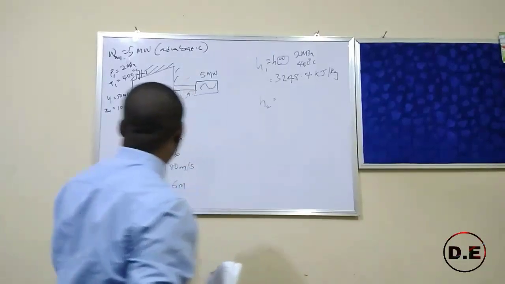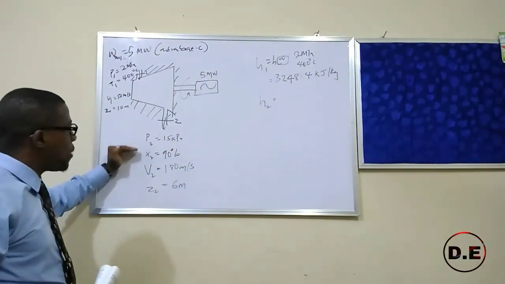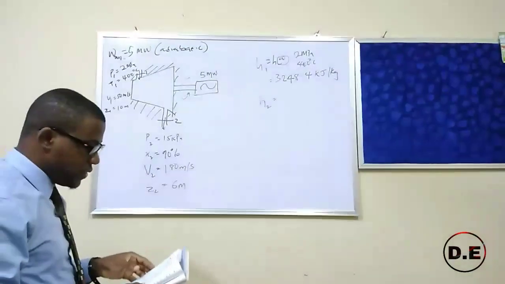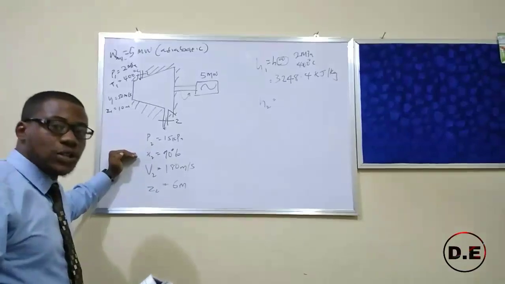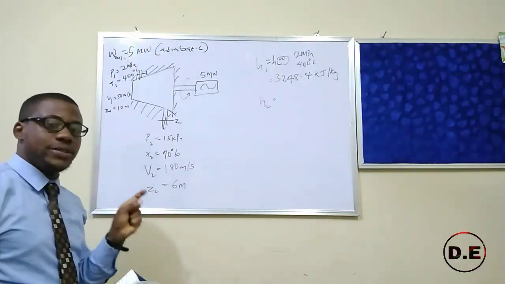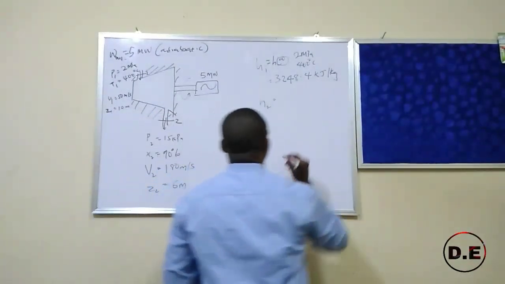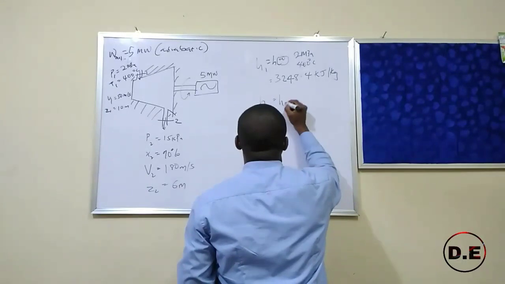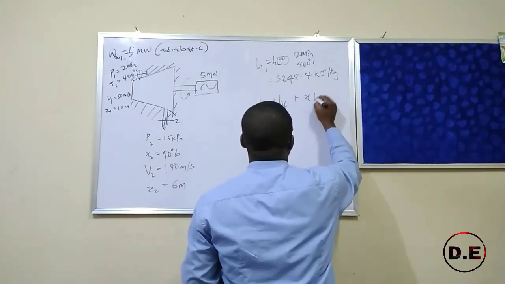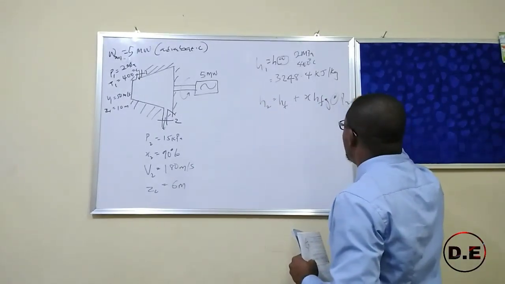Then we can also get the H at state 2. How can we find that? We have the pressure at state 2 and we have the dryness fraction at state 2. Given the dryness fraction, that means this steam is what we call wet steam. Because it's wet steam, the formula for calculating H2 will be H equal to HF plus dryness fraction times HFG, all at P2.